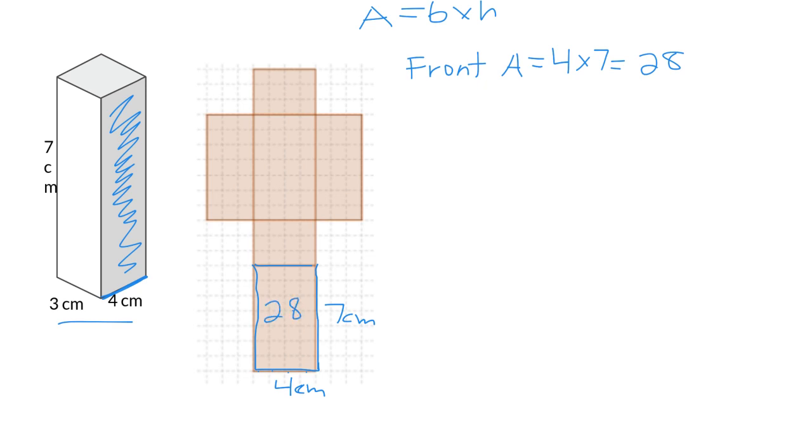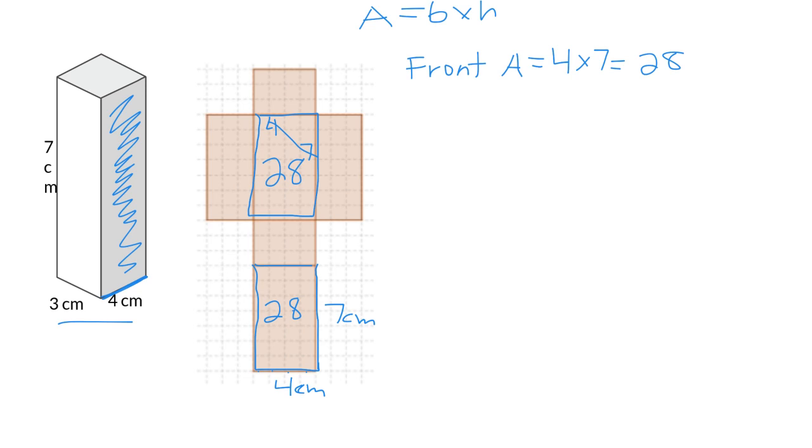You could double check that by counting all the little squares in there if you'd like to, or again, multiplying 7 times 4, 4 times 7. Now, I'm hoping what you notice is that there is a face that looks exactly like that face we just found the area of, and it has the same measurements of 4 centimeters and 7 centimeters. That means that the area of this face is also 28 square centimeters.